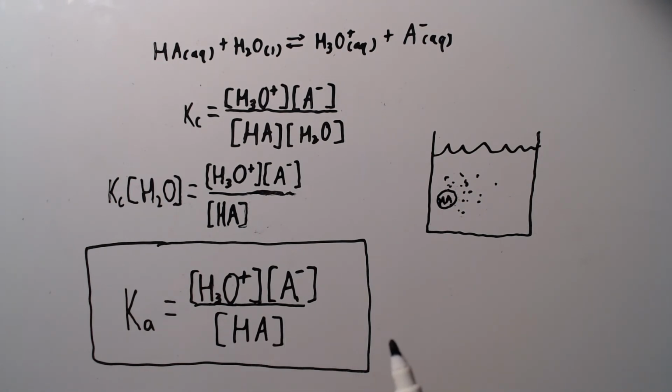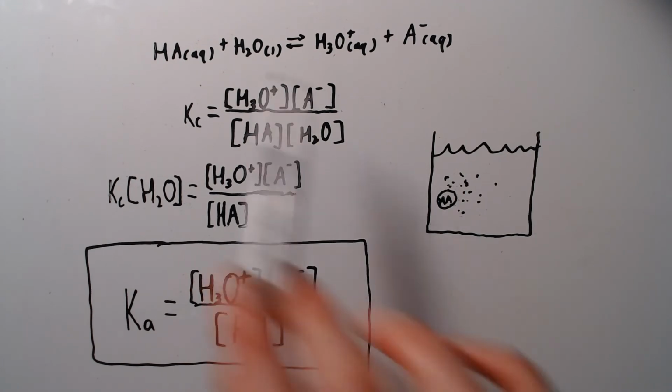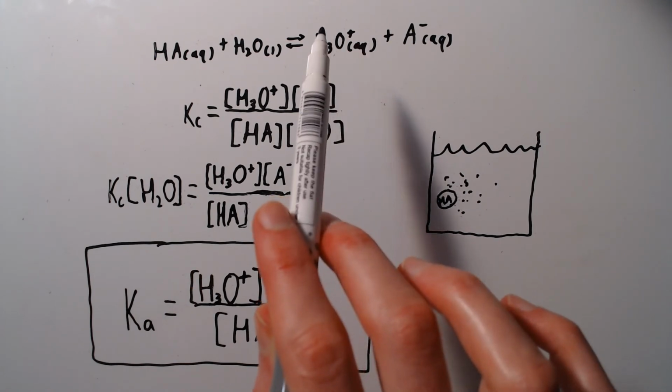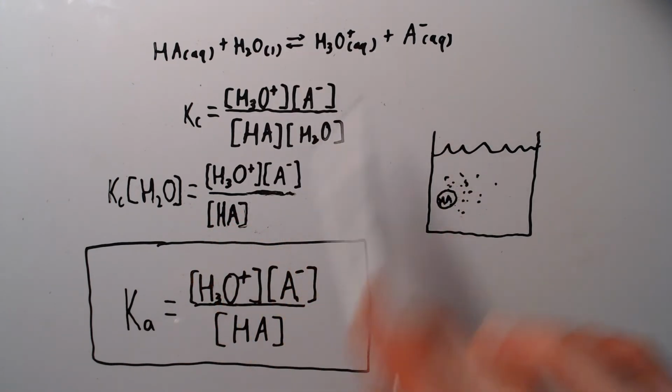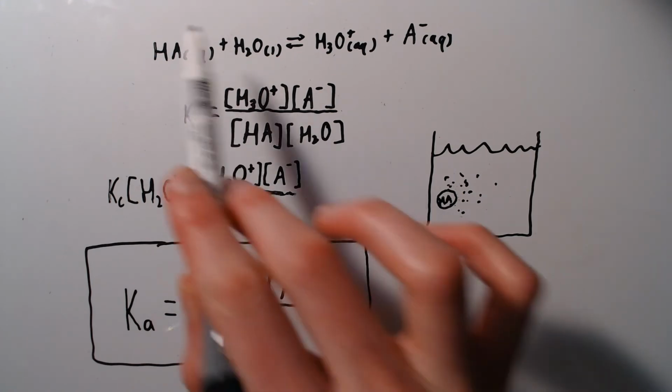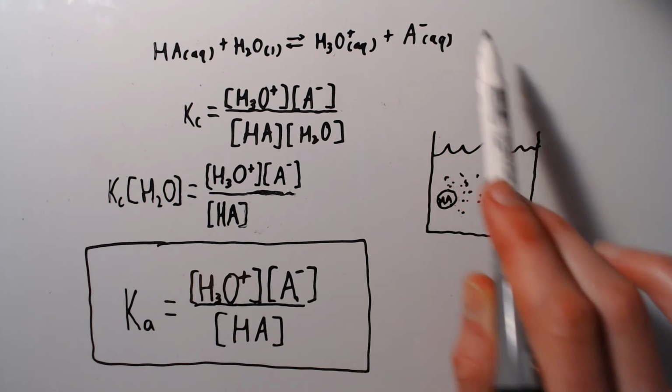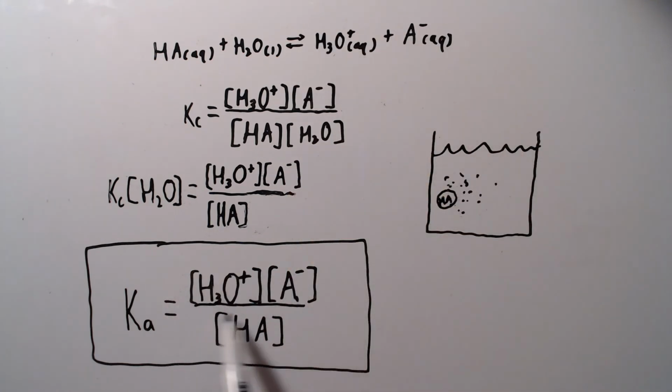So this constant is easier to use when representing the equilibrium concentrations of the reactants and products of the acid dissociation reaction. In effect, when a lot of this acid dissociates, the concentrations of the products on top are very high, because if a lot of this stuff dissociates, then we get a lot of this and a lot of this. And when we get a lot of these products, this multiplication of the products increases in value.